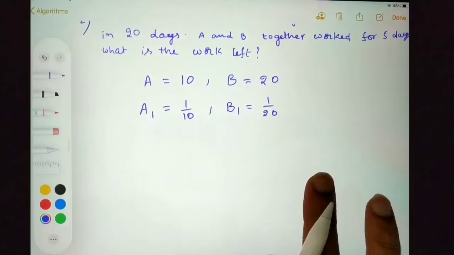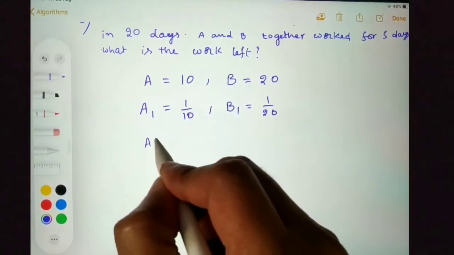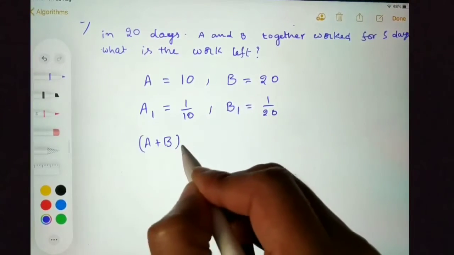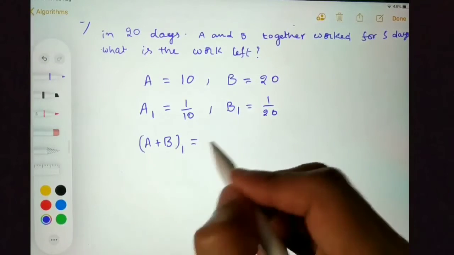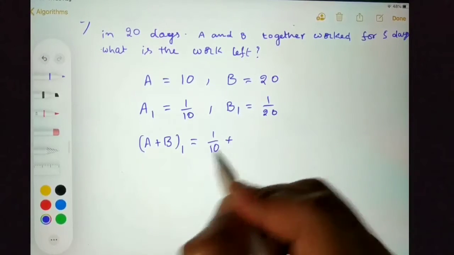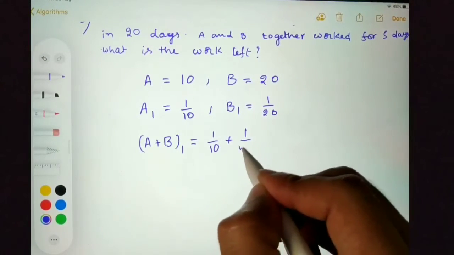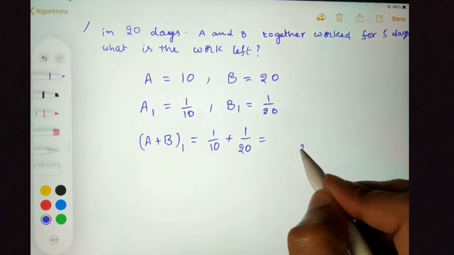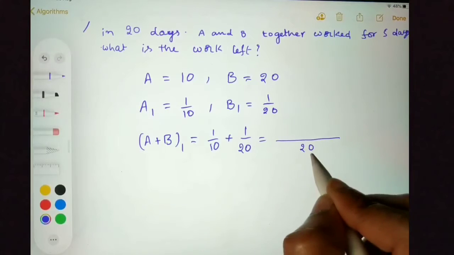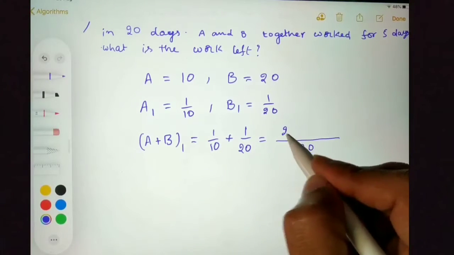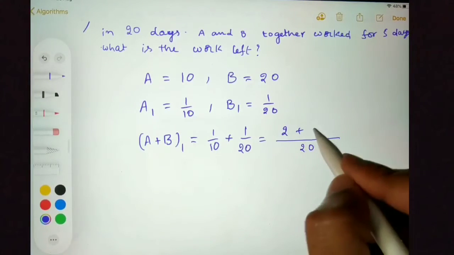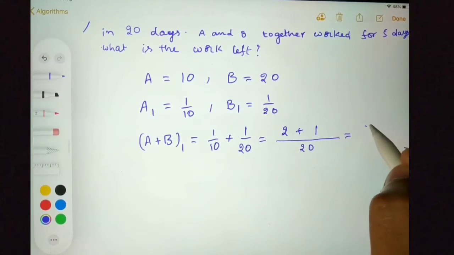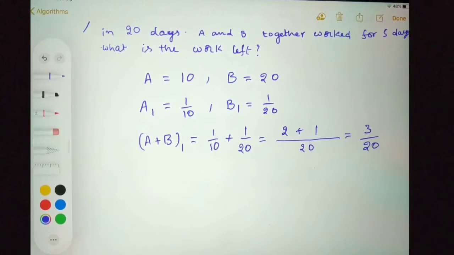Let's find out A plus B's 1 day work. That is, 1 by 10 plus 1 by 20. LCM of 10 and 20 is 20. 20 divided by 10 is 2 and 20 divided by 20 is 1. Finally we get 3 by 20. This is A plus B's 1 day's work.